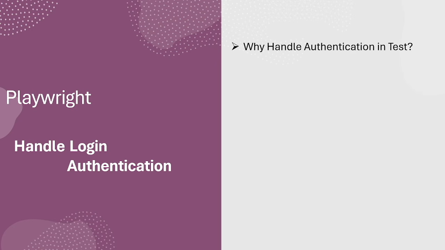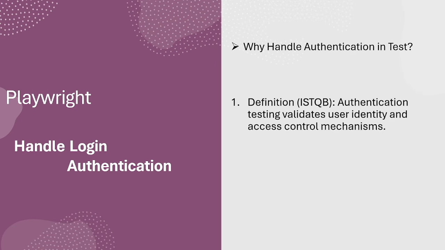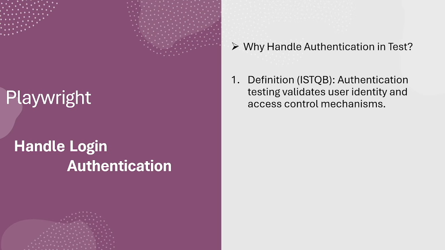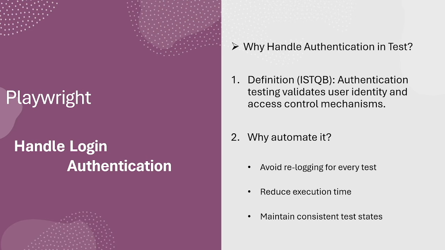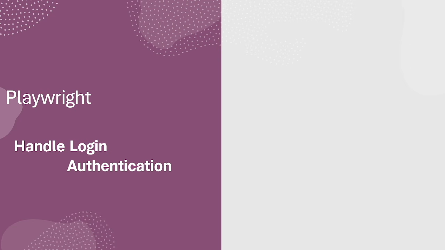Why handle authentication in tests? Definition: authentication testing validates user identity and access control mechanisms. Why automate it? Avoid re-login for every test, reduce execution time, and maintain consistent test state.